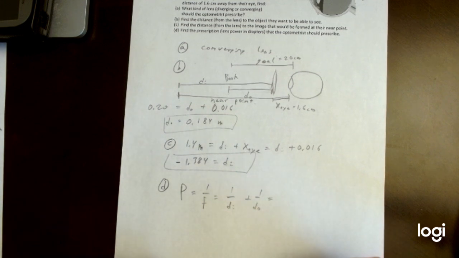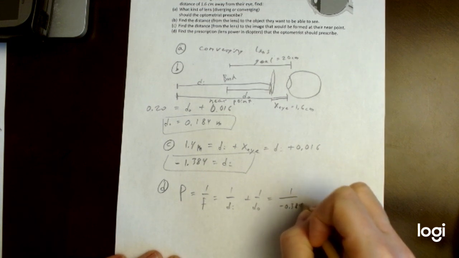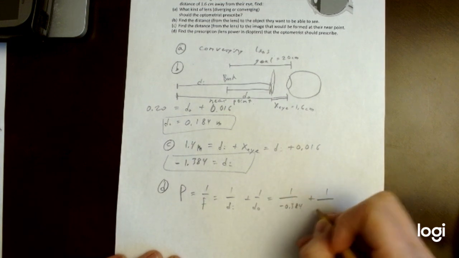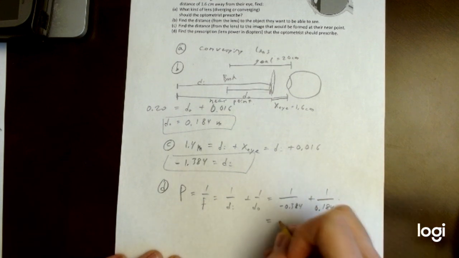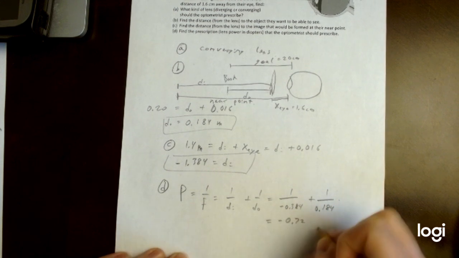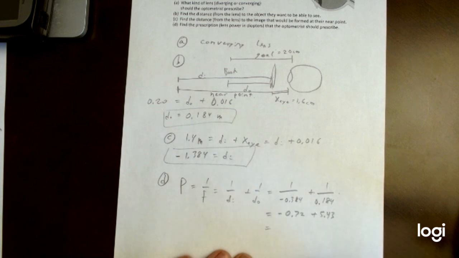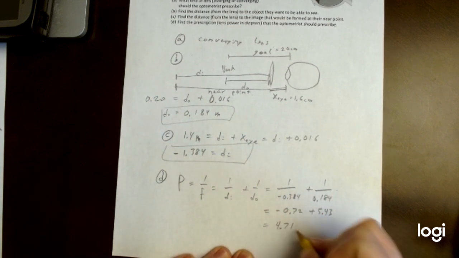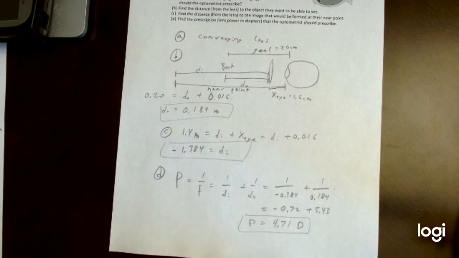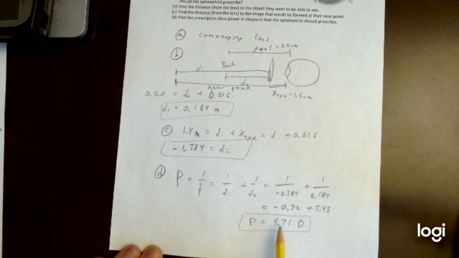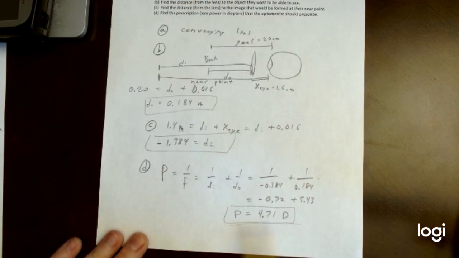If we plug in those numbers, we'd get 1 over minus 1.384 plus 1 over 0.184, which is minus 0.72 plus 5.43. And lastly, adding those numbers together, we get about 4.71 diopters for the optical power. And this optical power is positive because it's a converging lens that we're putting in front. And yeah, this is what we should prescribe to our patient.